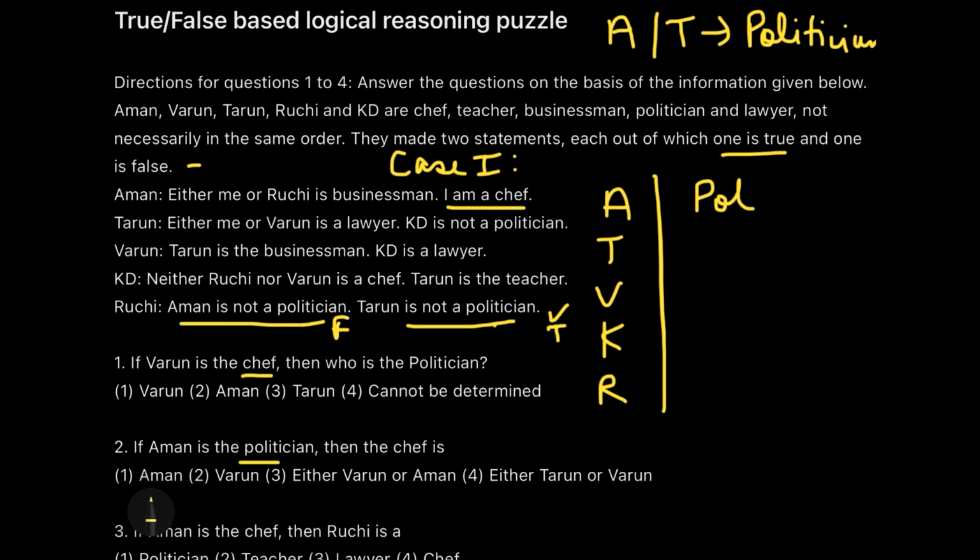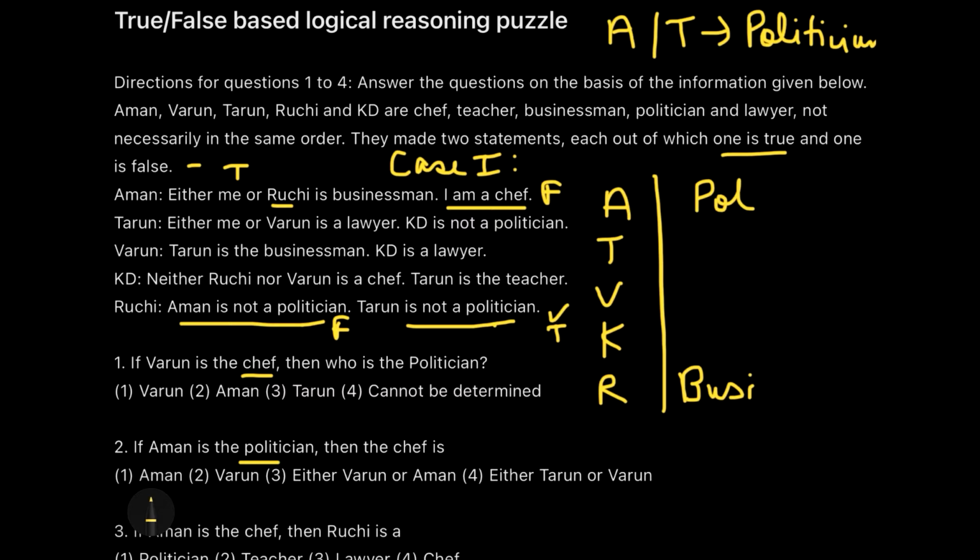Aman says that I am a chef. When Aman is a politician, he cannot be a chef. That means this statement is false and this statement is true. In the true statement, it's written that either me or Ruchi is a businessman. Of course, Aman is a politician, so he cannot be a businessman. So that means Ruchi is the businessman. I can make Ruchi the businessman over here.